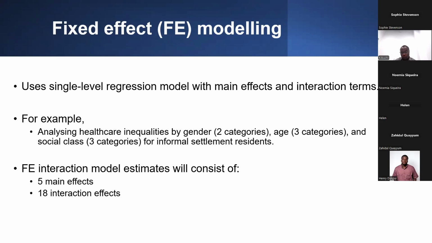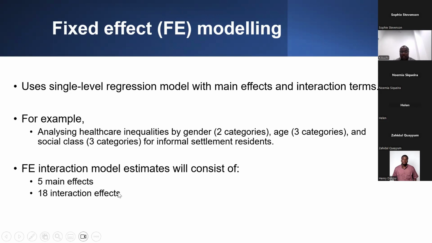So we will have 2 estimates, for the middle group and the older people. And then for social class, we have 3 categories. We take the first one as the reference, and then we will have rich and the middle group as the parameter estimates. So we will have 5 main effects.